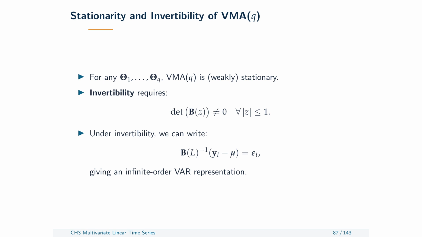Invertibility allows innovations to be recovered from current and past observations through a convergent infinite vector autoregression. It selects a unique fundamental shock representation among observationally equivalent alternatives. As in the univariate case, stationarity of a finite moving average does not by itself guarantee invertibility.